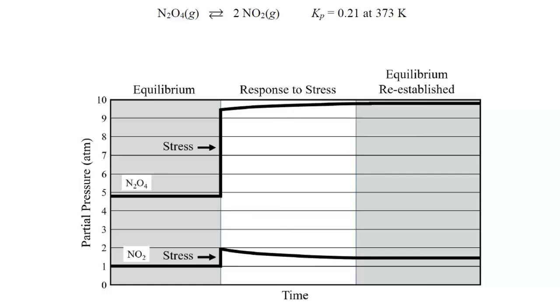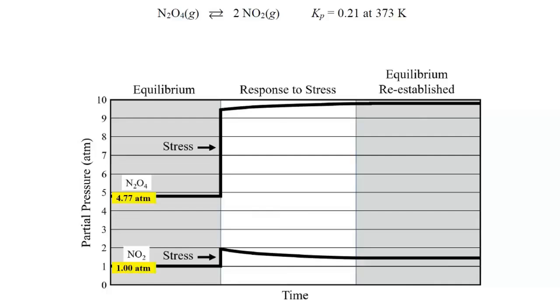So the fact that we have 1 mole of gas on the left in this reaction and 2 moles of gas on the right. What the system did was to shift to whichever side of the equation had a smaller number of moles of gaseous particles. Let's take a look at what happened.